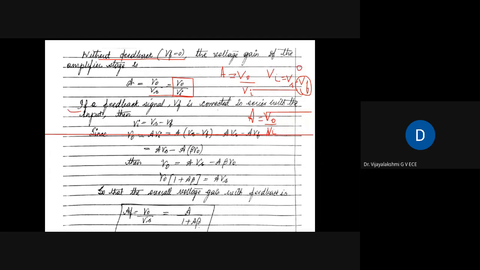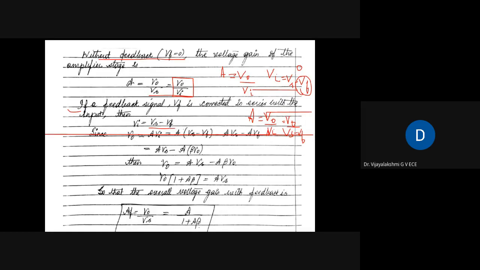Vi is equal to Vs minus Vf. So substitute, and I get V naught divided by Vs minus Vf. So V naught is equal to A into (Vs minus Vf). That is what is being written here.